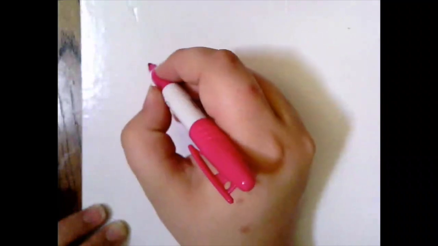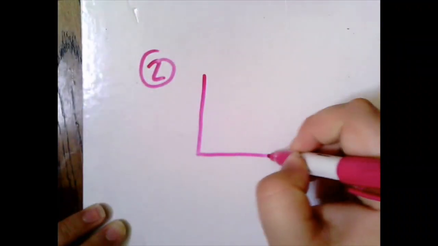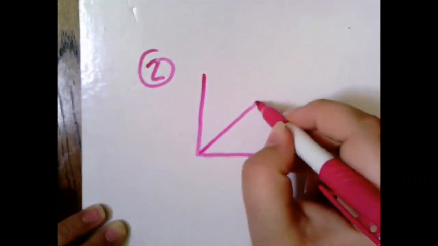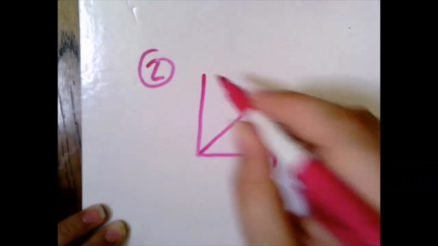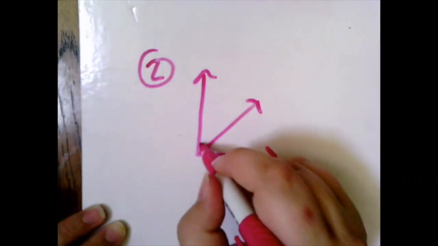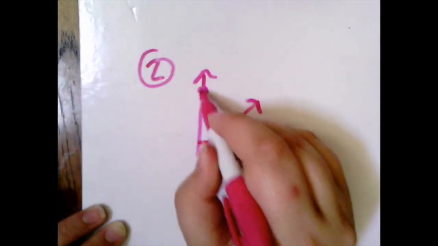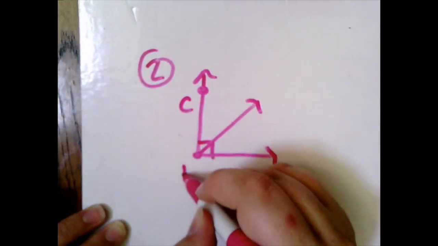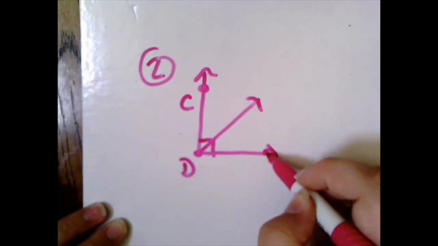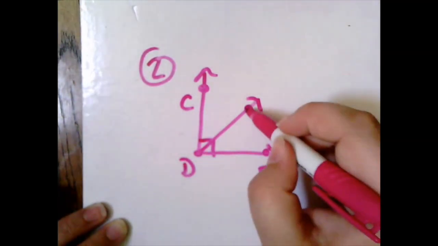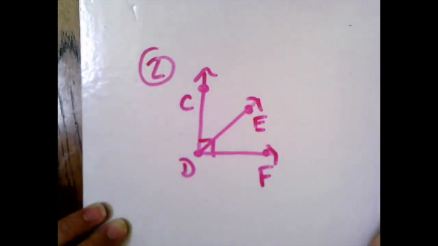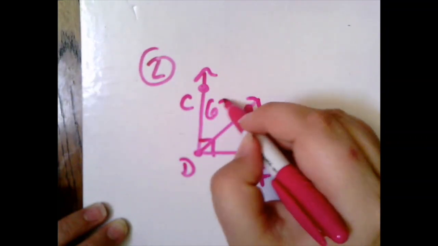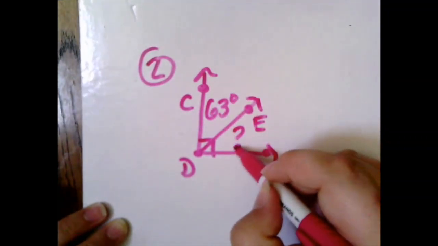Our next problem is going to be using the same points as we used before. Same type. So we have C, D, F, and E. This angle right here is going to measure 63 degrees, and we don't know this one.